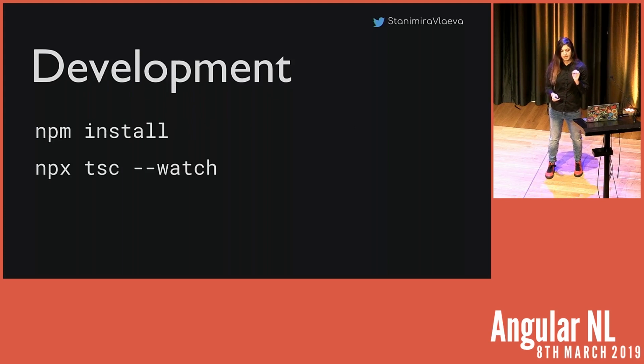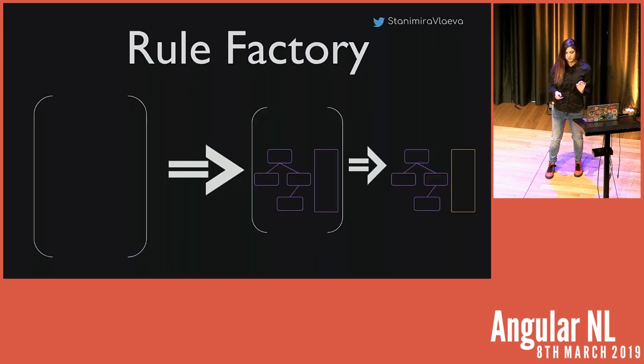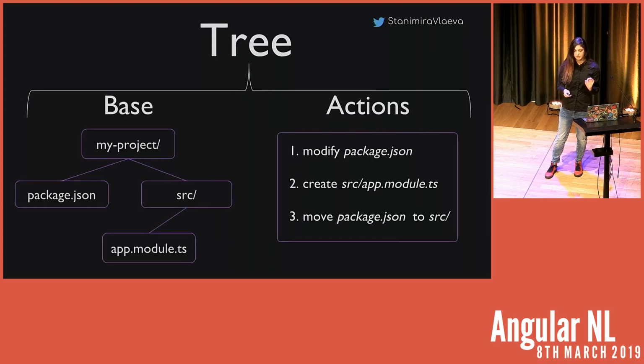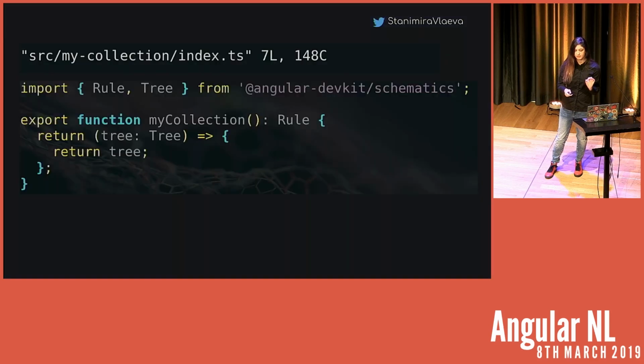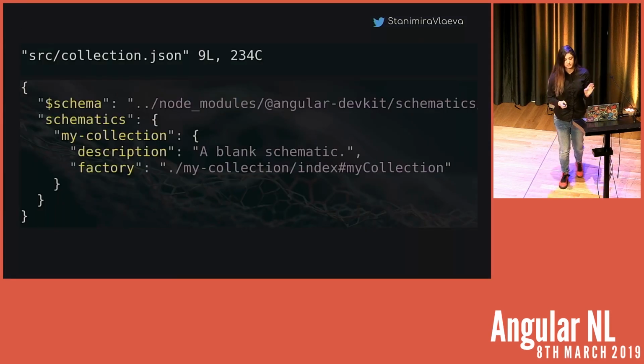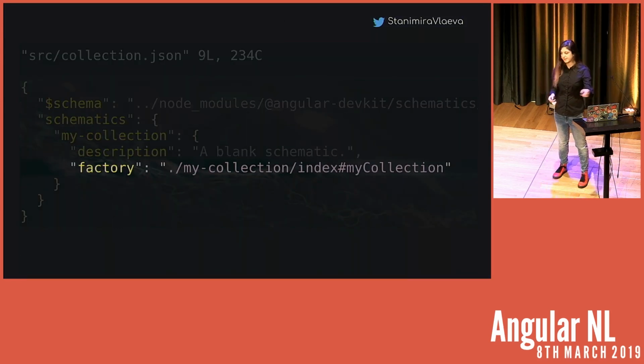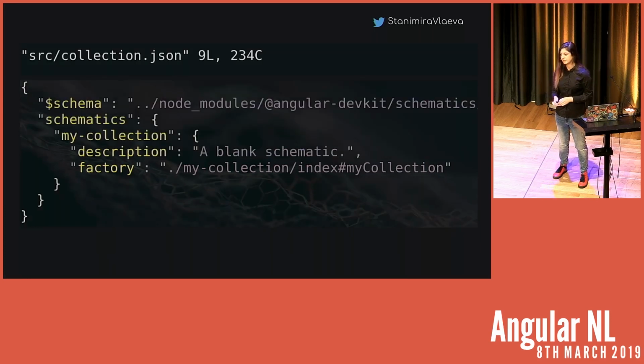So I'll go back very quickly just to remind you of the collection JSON, because that's very important. So once again, we have the factory here. That's pointing to our function. And the key is my collection. So this is the name of the schematic, the setup script.